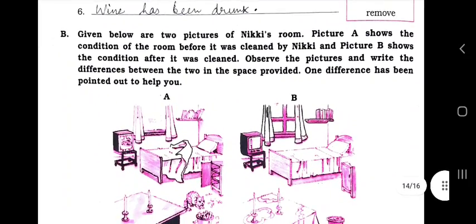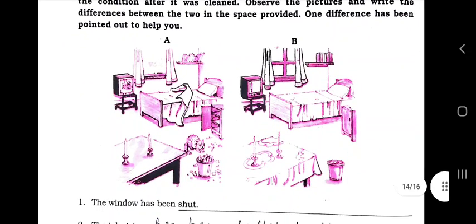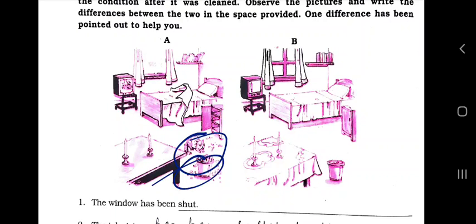Given below are two pictures of Nikki's room. Picture A shows the condition of the room before it was cleaned by Nikki, and picture B shows the condition after it was cleaned. Observe the pictures and write the differences between the two in the space provided. One difference has been pointed out to help you. Now see, you can easily see the difference. Here see the cat and the dirt, and here how nicely it's been done.